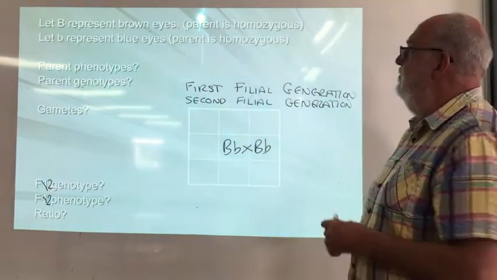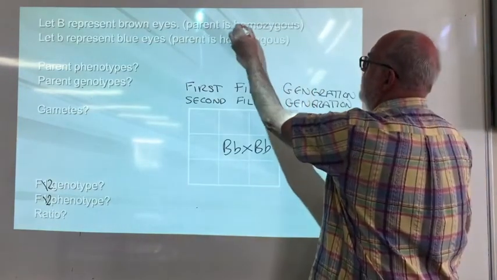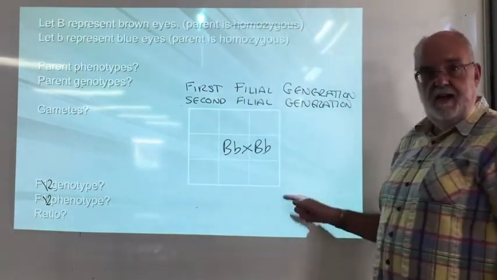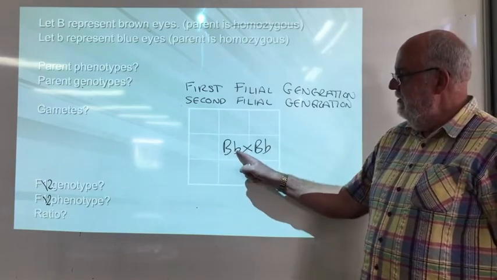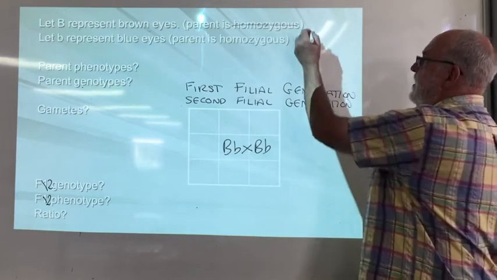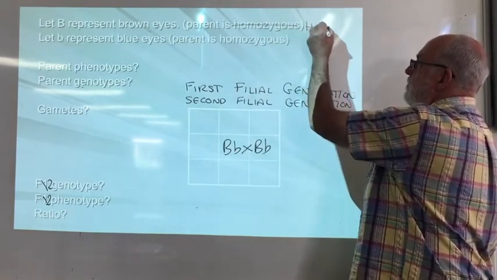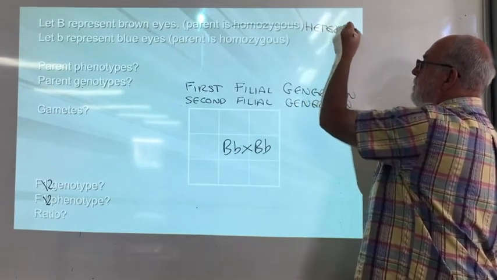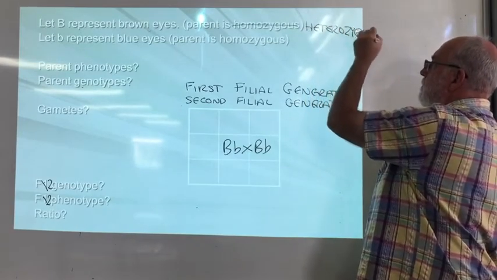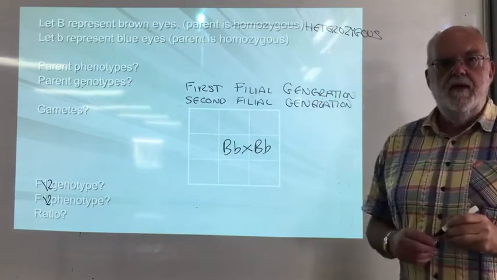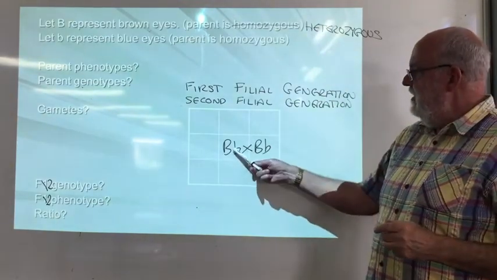In this case, both parents are no longer homozygous, they are heterozygous. So both parents are heterozygous, both the same.